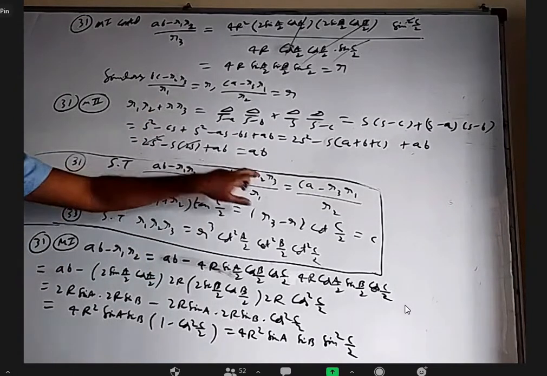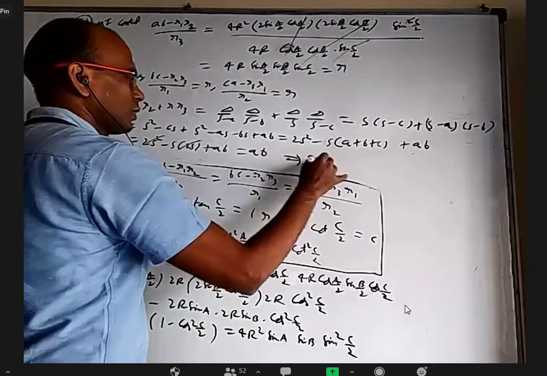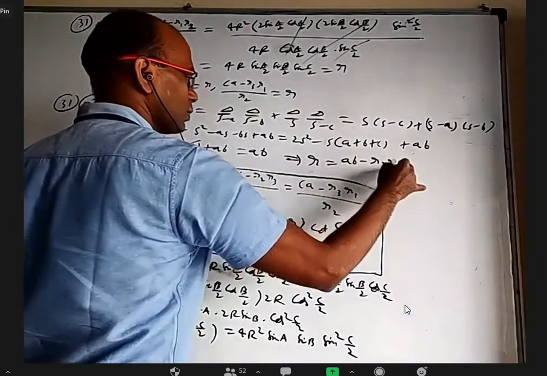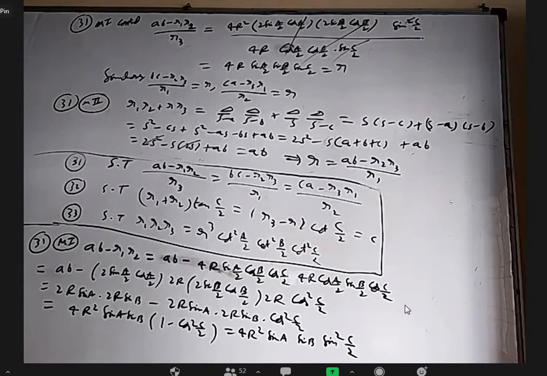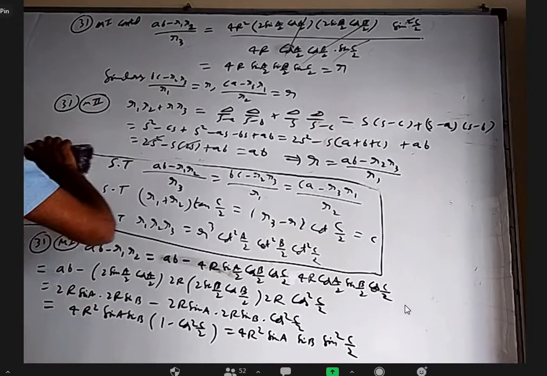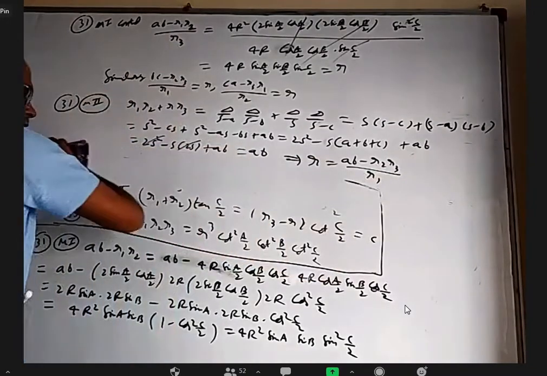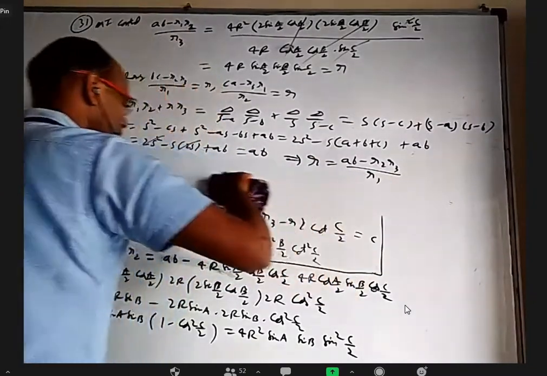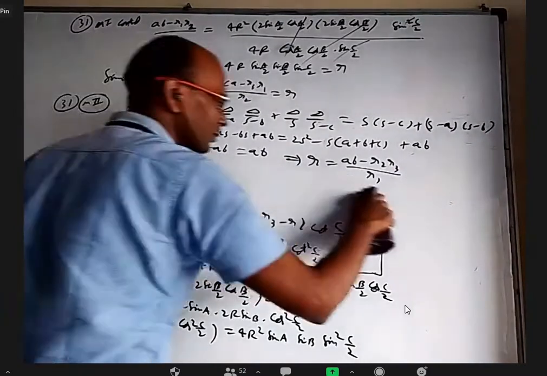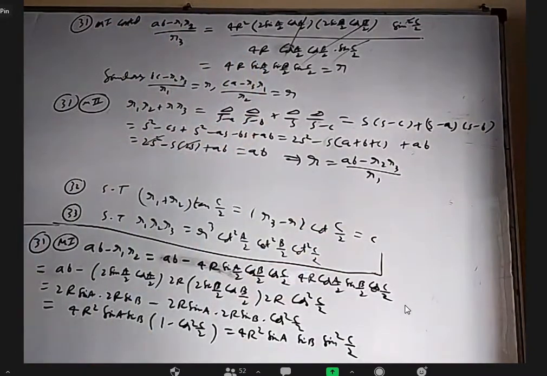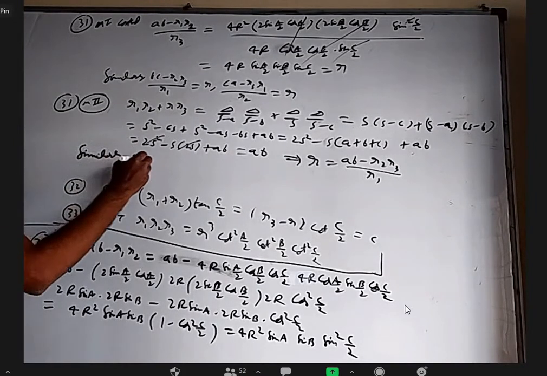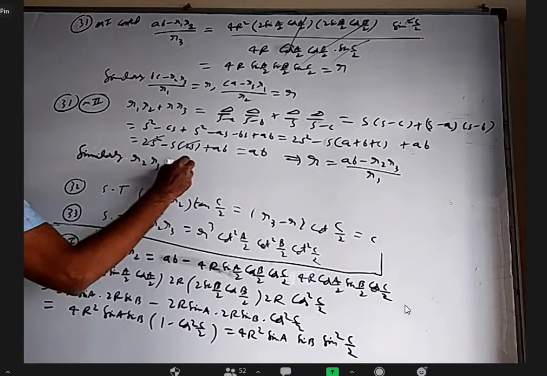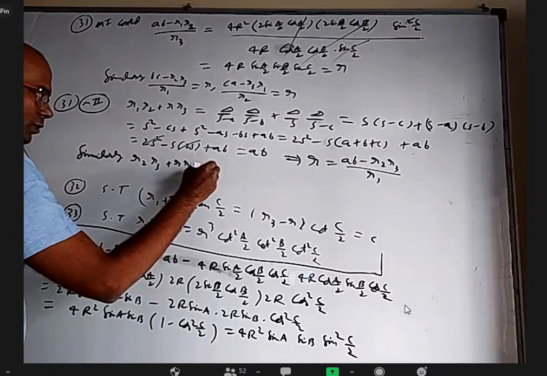Now I'll send R1, R2 to that side and divide with R3. So I'll get small r equal to AB minus R2, R3 by R1. Now we can say similarly, R2, R3 plus R1 is BC.